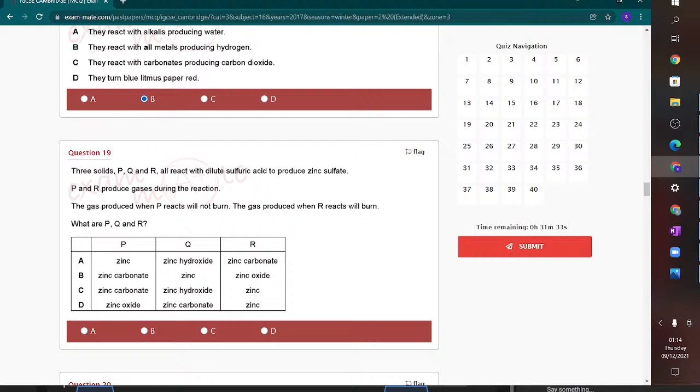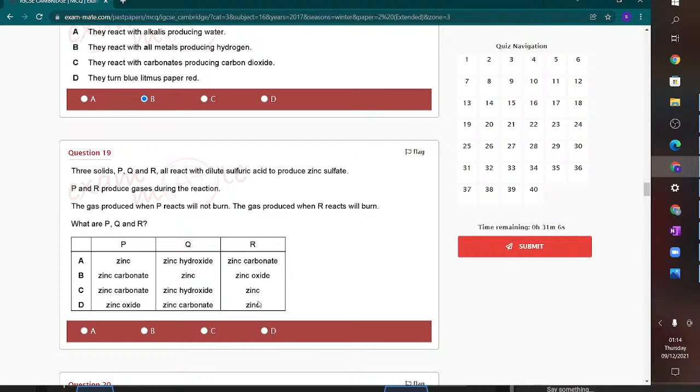Zinc plus dilute sulfuric acid gives you zinc sulfate plus hydrogen. Hydrogen does burn in air, so that's incorrect. So hydrogen will be formed when it is zinc, because hydrogen will burn.